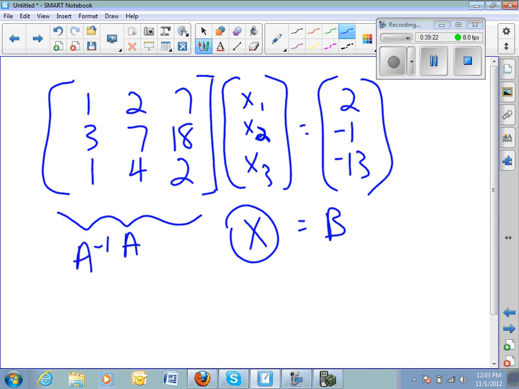And remember, matrix multiplication is not commutative, so I can't multiply by A inverse on the right on one side and on the left on the other. I've got to go the same order. So since I did A inverse times A times X over here, we're doing A inverse times B.